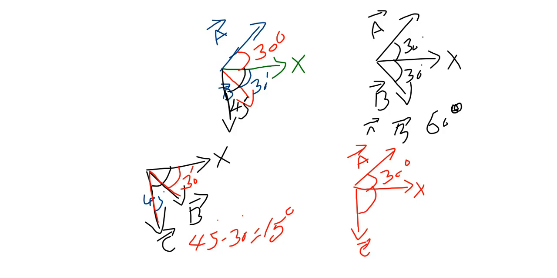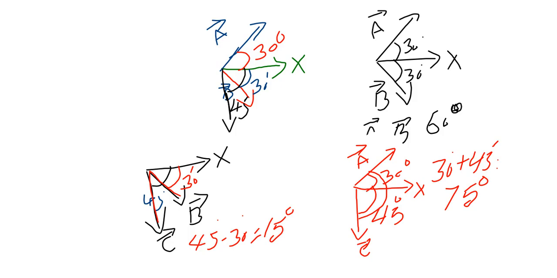So angle between A bar and C bar is 30 degrees plus 45 degrees, that is 75 degrees. So angle between A bar and B bar is 60 degrees. Angle between B bar and C bar is 15 degrees. Angle between A bar and C bar is 75 degrees.